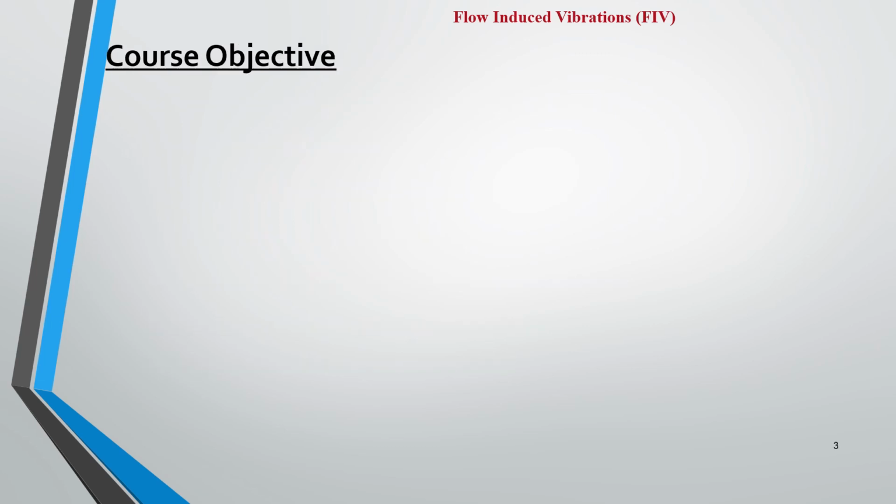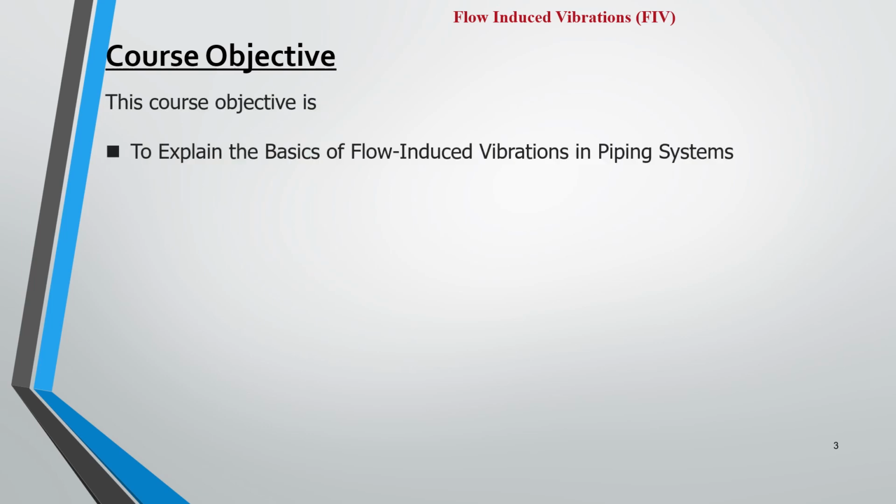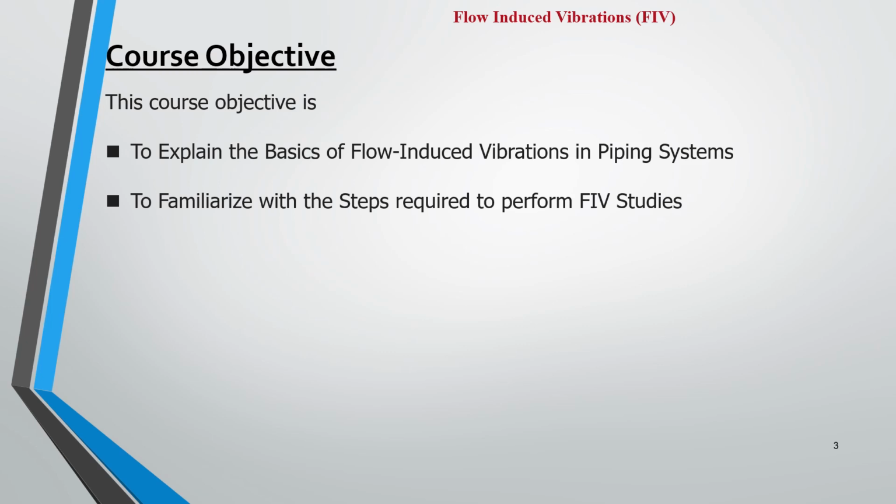Now let's start with the course objective. The main objective of this course is to explain the basics of flow induced vibration in a piping system, meaning the basic theories which will be helpful to gain an understanding of flow induced vibration. Then to familiarize with the steps required to perform the FIV studies.